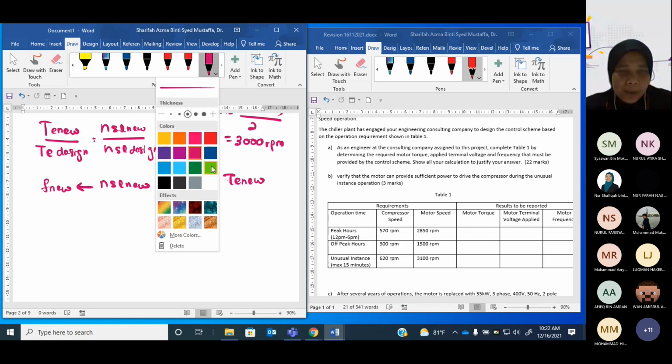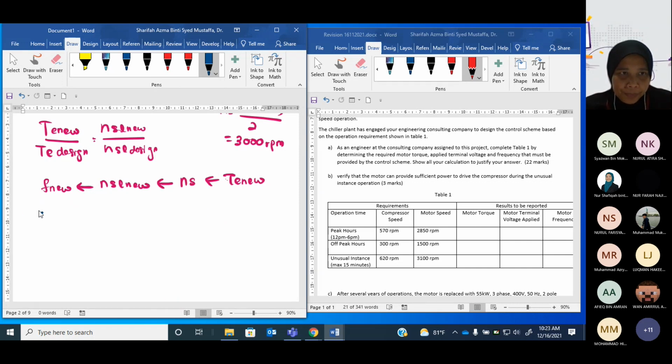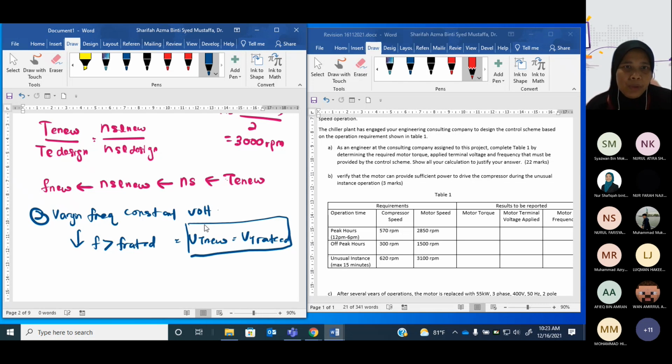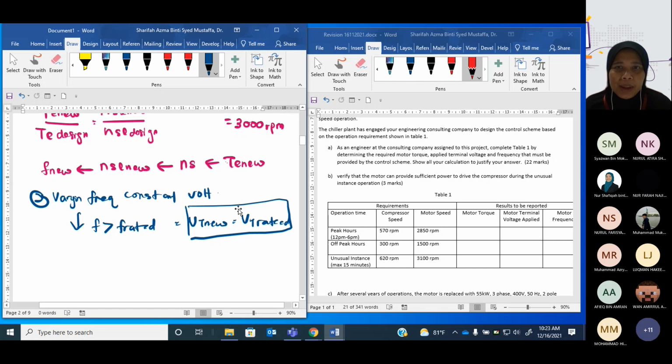For varying frequency, constant voltage, F will be greater than F rated, VT new equal to VT rated. This one is VT for the induction motor; we have not done phase or anything yet. Then you repeat the same procedure to calculate the motor torque and the motor terminal voltage applied. Okay?